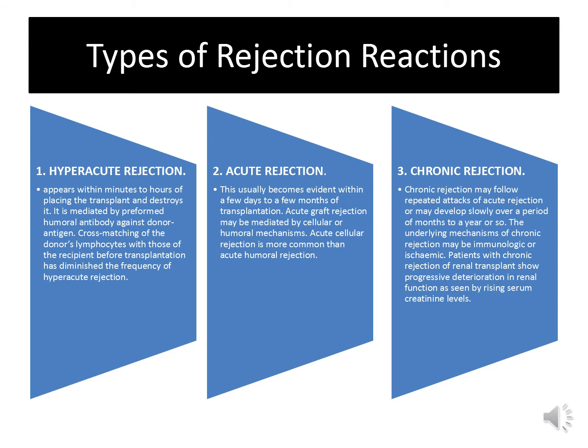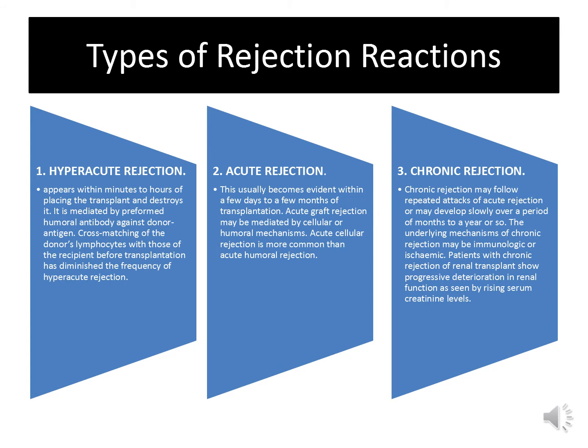This usually becomes evident within a few days to a few months of transplantation. Acute graft reaction may be mediated by cellular or humoral mechanisms. Acute cellular rejection is more common than acute humoral reactions. And the third kind is chronic rejection.